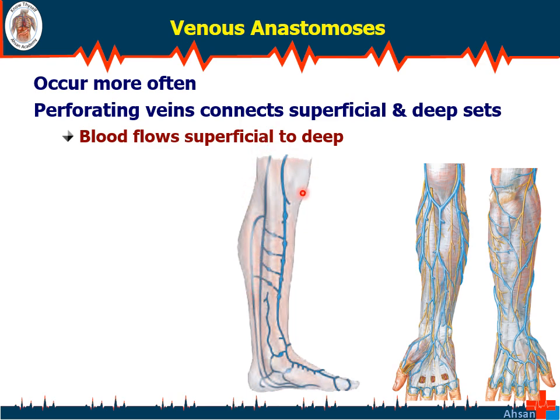So when the muscle contracts, blood will be pushed against the gravity towards the heart. It cannot go to the superficial. The same thing happens for the superficial also. They can go to the deep when muscles are relaxing and negative pressure is there. Blood will flow from superficial to deep. Also, pressure over the superficial vein pushes the blood up.